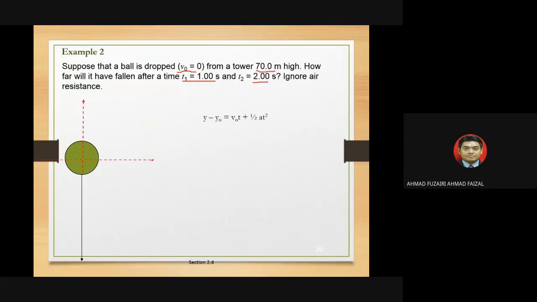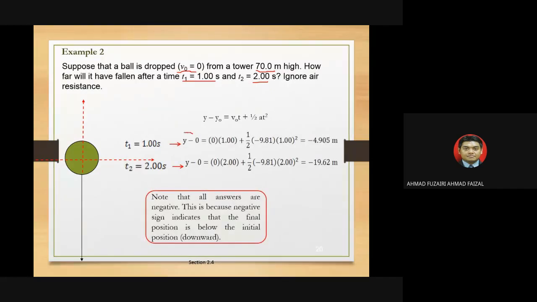Now we do time 1 second first. So delta y equals 70 meters. V naught equals 0, t we just substitute with 1 second, plus half a t squared. Again, a equals negative 9.8 meters per second squared. The negative sign you can put here or here, it doesn't matter.